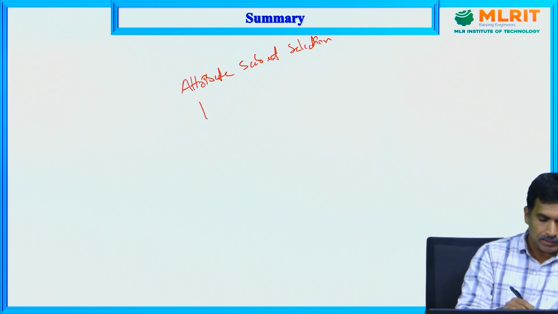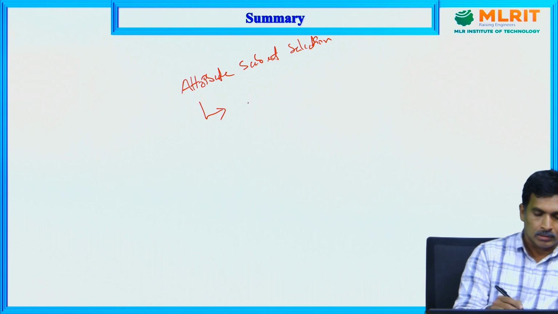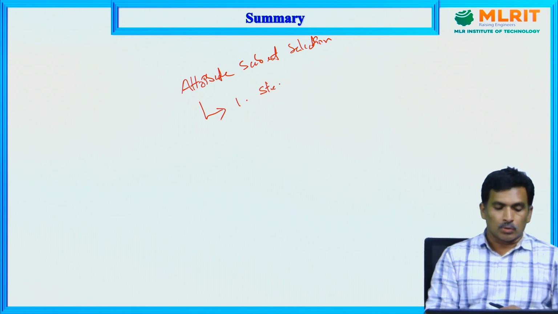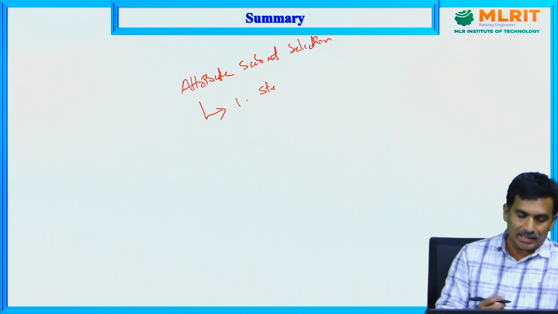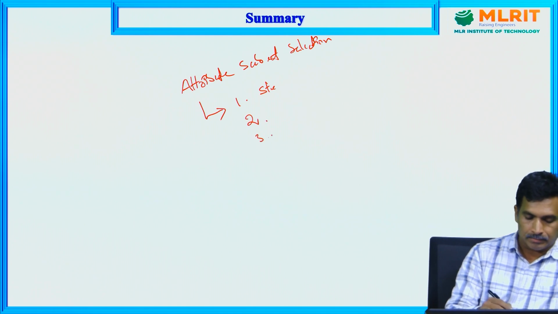In this, we discussed a few heuristic methods like stepwise forward selection, stepwise backward elimination, and their combination, and then another important one, decision tree induction.